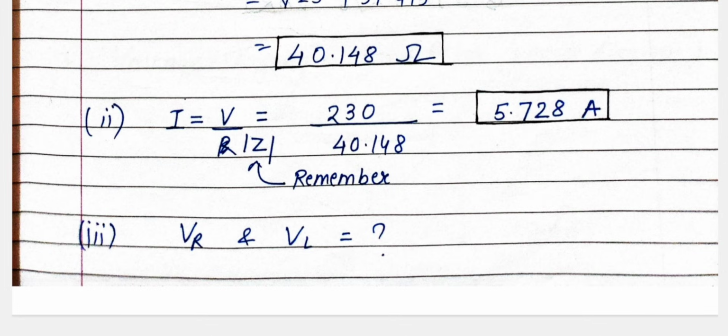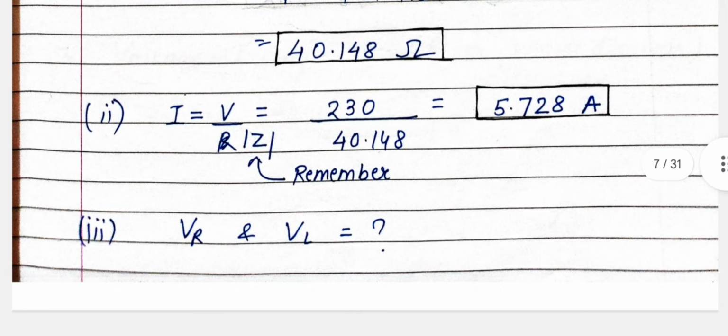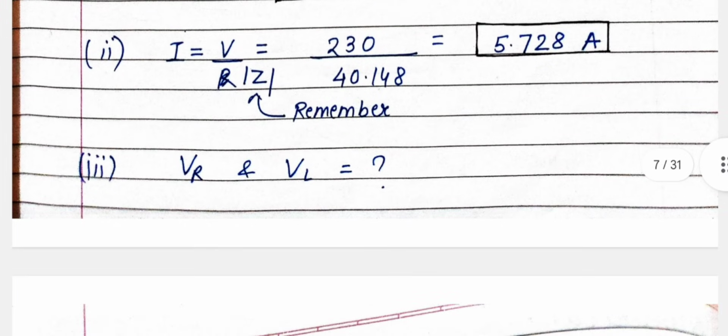It must contain both resistance and inductive reactance, which is nothing but Z. This is a new formula you have to note: I is equal to V by Z. Otherwise many students write I is equal to V by R and get it wrong. So V is given as 230, and Z we found is 40.148. You will get the answer, 5.728 ampere.